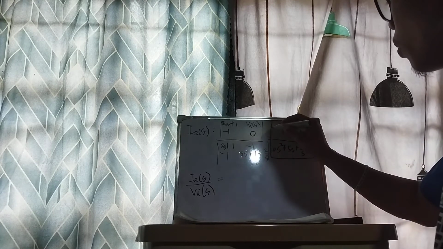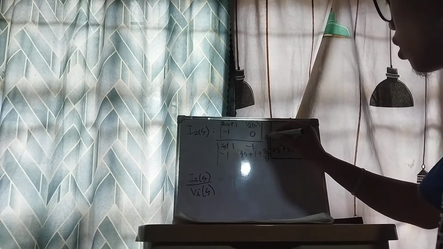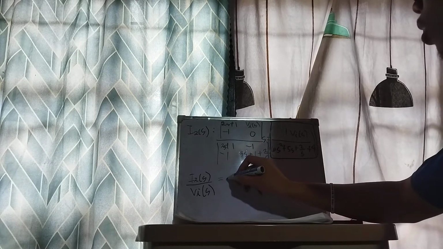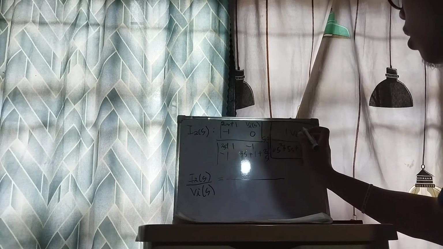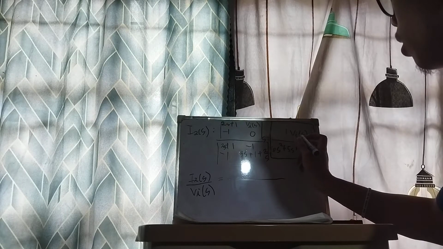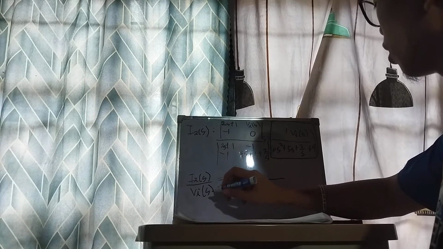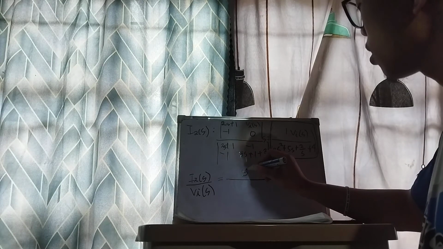So we have to cross multiply it, multiplying by S, so that VI of S is brought down as the denominator, and it will be S.